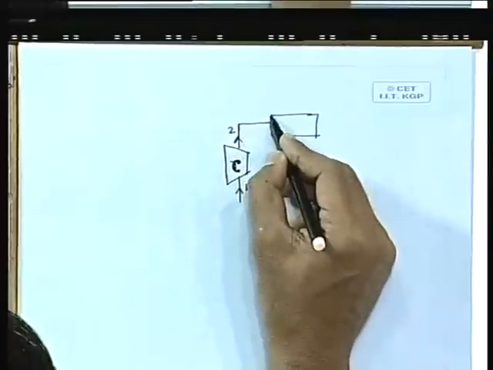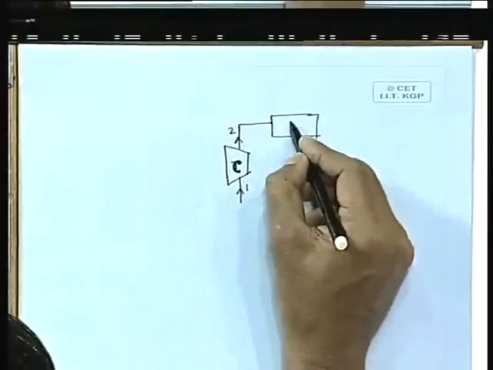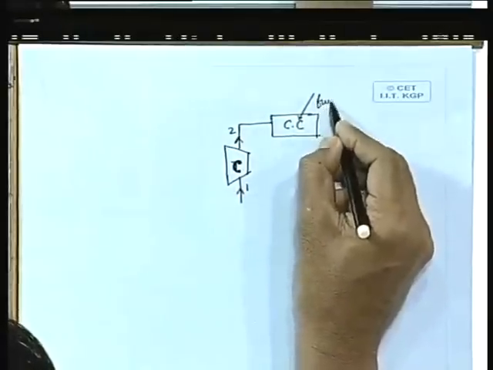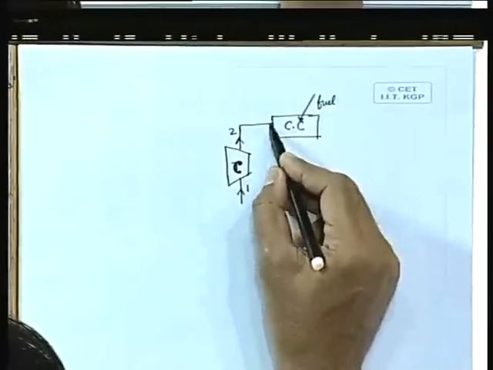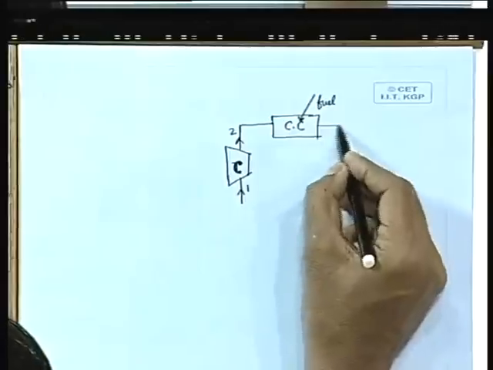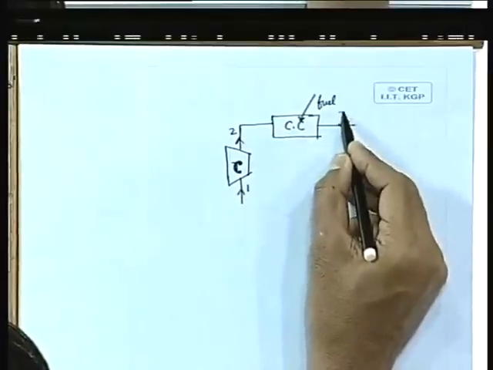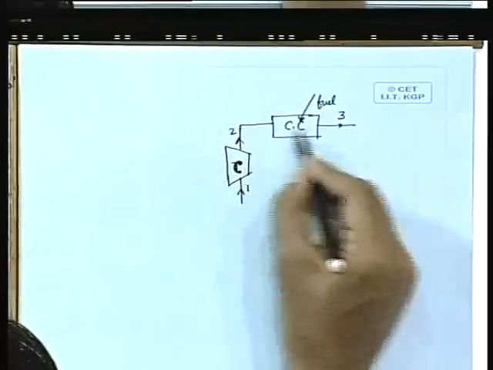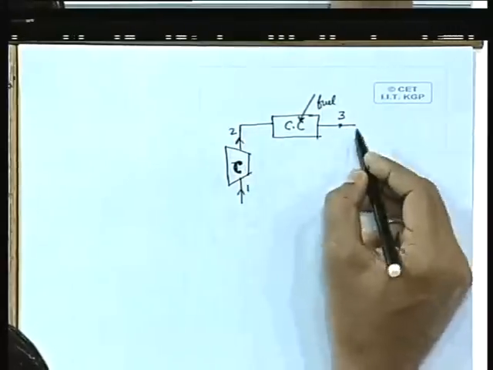Then the high pressure and temperature air goes to a combustion chamber where fuel is injected and burned with the air, and the temperature is raised to a much higher value at state 3, but the working fluid remains at almost the same pressure, 2 and 3 at almost the same pressure.